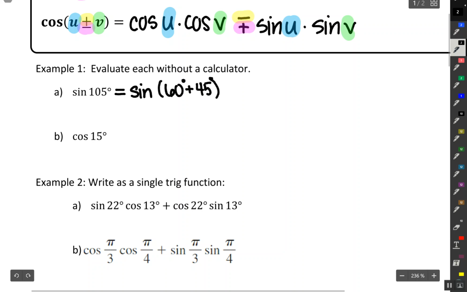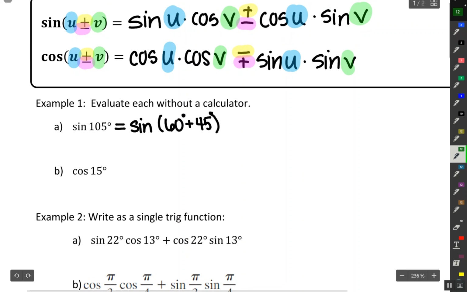That's how we're going to use this formula to get our answer without a calculator. We're going to use the sine formula, and our u is 60 and our v is 45.